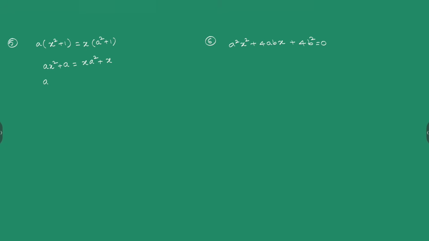It will be ax square plus a minus xa square minus x is equal to 0.